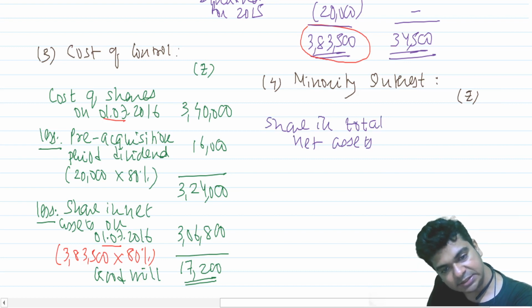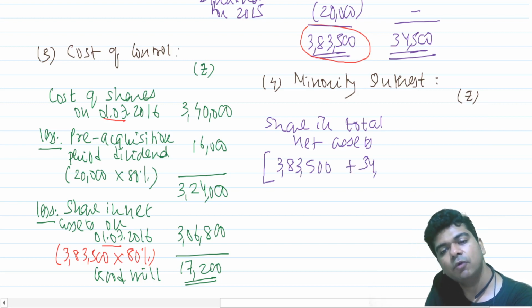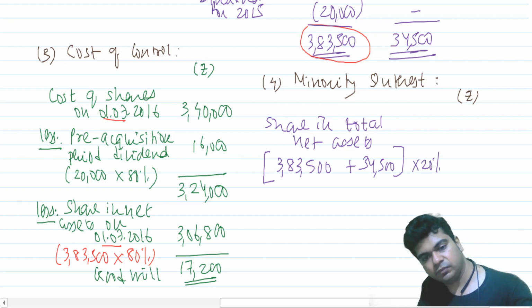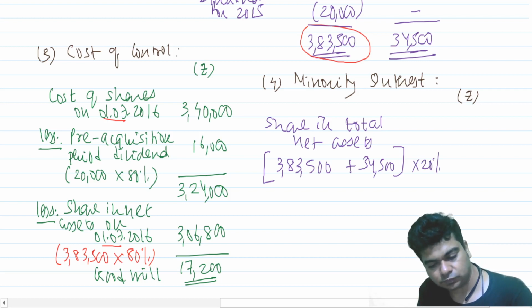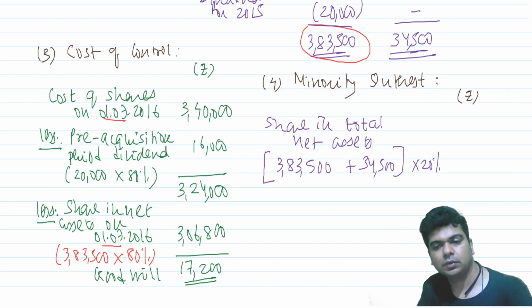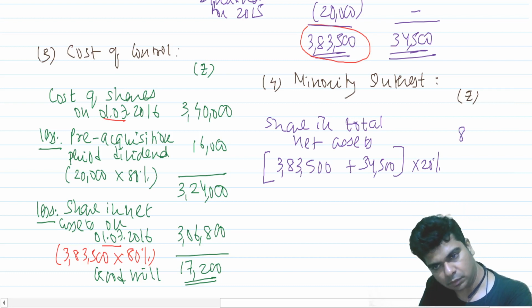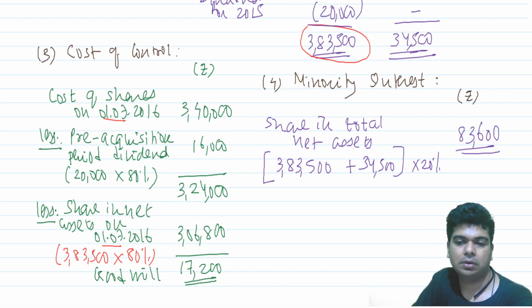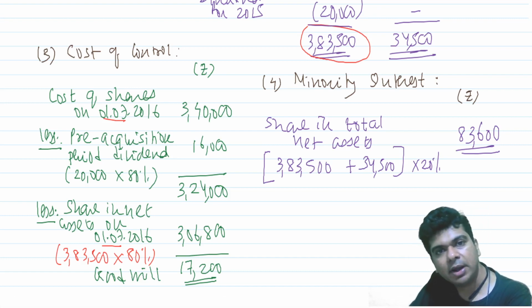Total net assets. 383,500 plus 34,500 into 20%. 83,600. That's your minority interest.